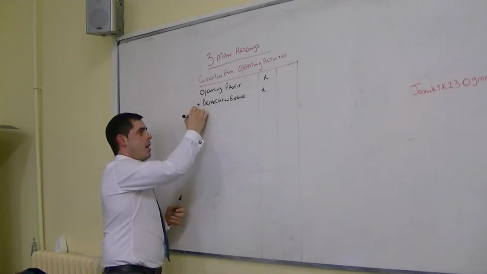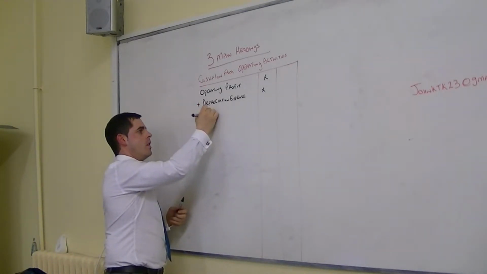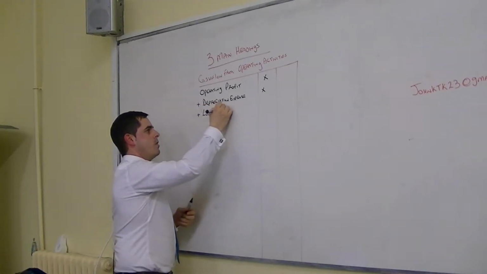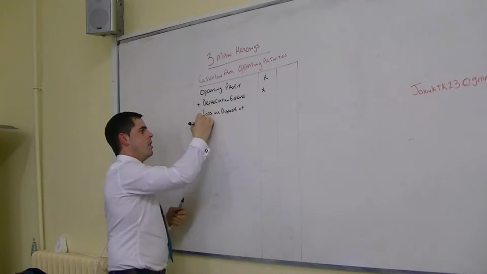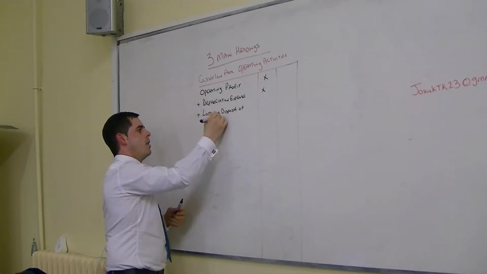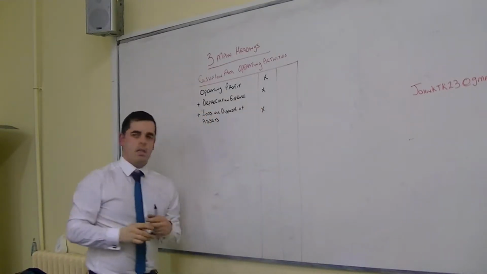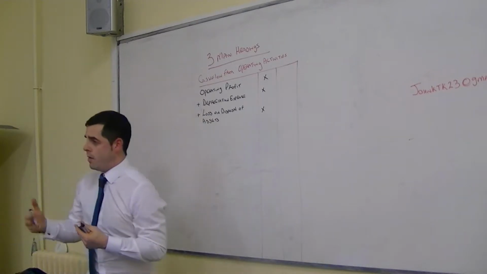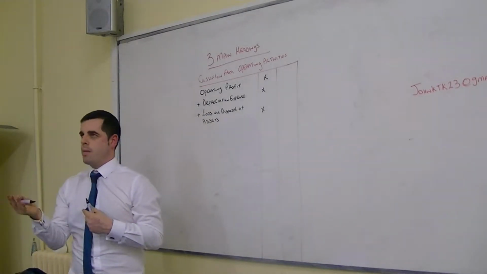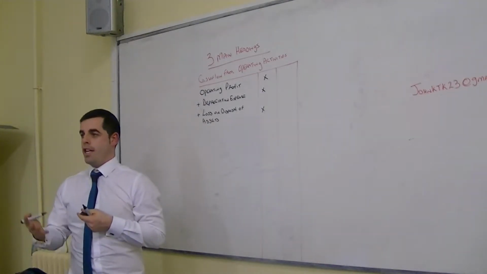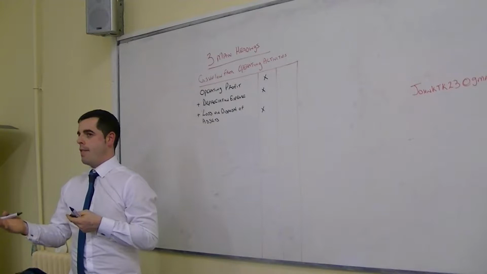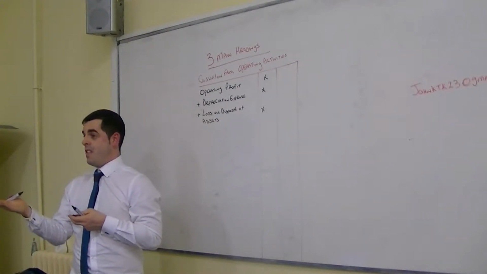And another one you may have is loss on disposal of assets. Normally you take that off. Again, that's only on paper, because think about it, if you sold the car, on paper you made a profit or loss, but what you actually receive is, let's say you sold the car for 7,000, what you receive into your hand.